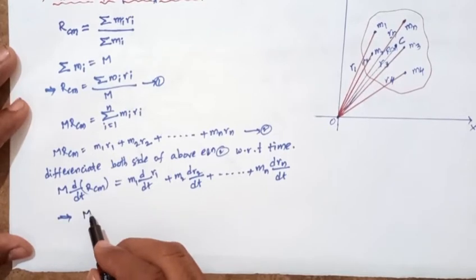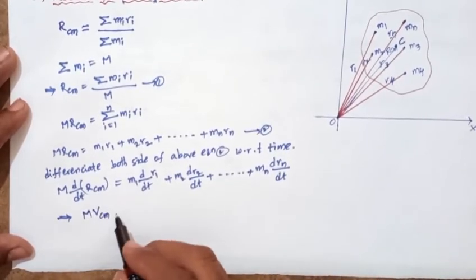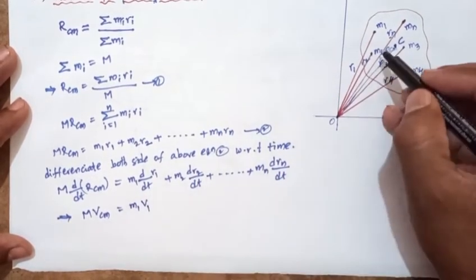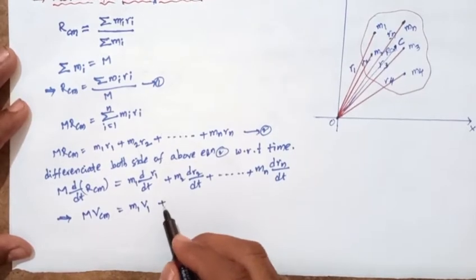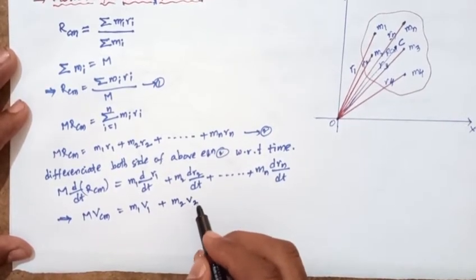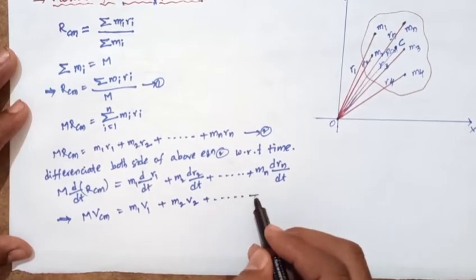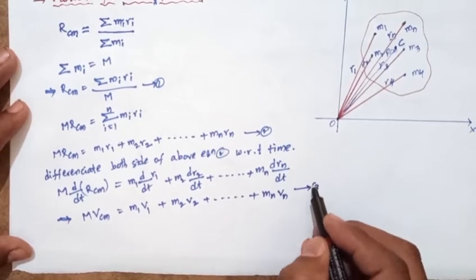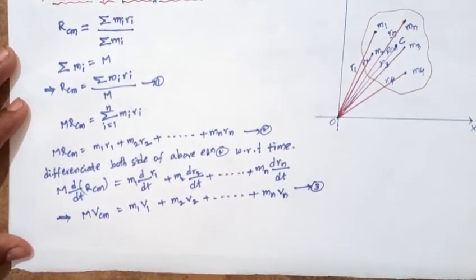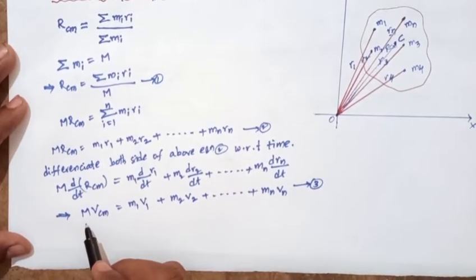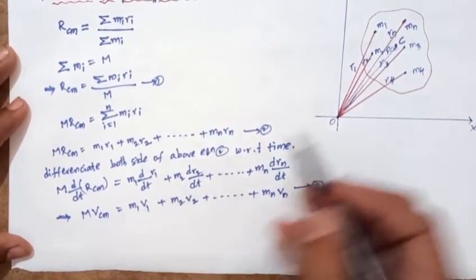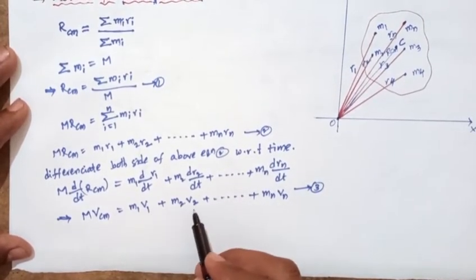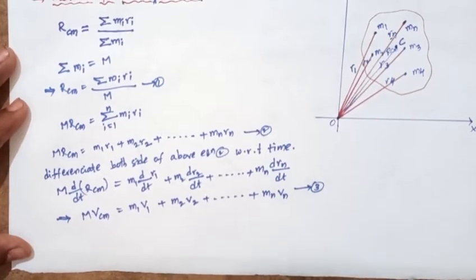So it is written as the velocity of the center of mass: M Vcm equals m1 v1, where v1 is the velocity of the first particle, plus m2 v2, and so on, plus mn vn. So this is equation number 3.